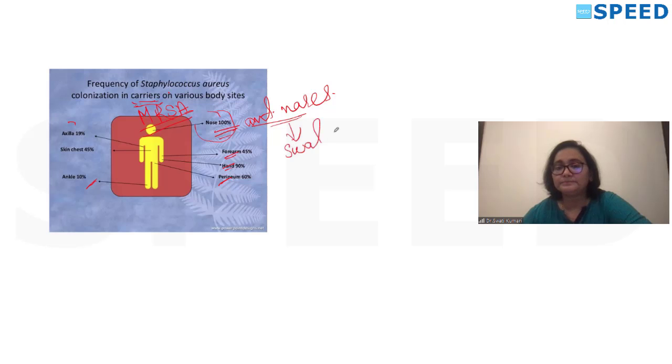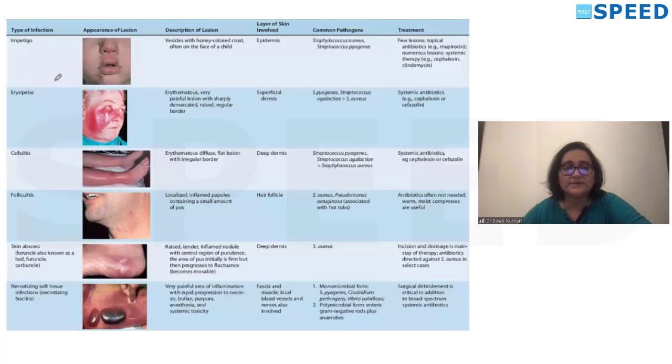Okay. So what all skin manifestations does Staphylococcus cause? There are various manifestations. It causes impetigo, erysipelas, cellulitis, folliculitis, skin abscess, furuncle, carbuncle, necrotizing soft tissue infection, necrotizing fasciitis. So you can see different pictures of impetigo, where we see honey-colored crust in children.